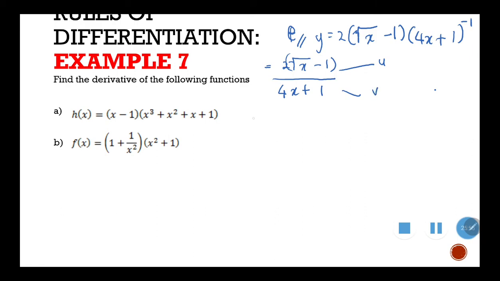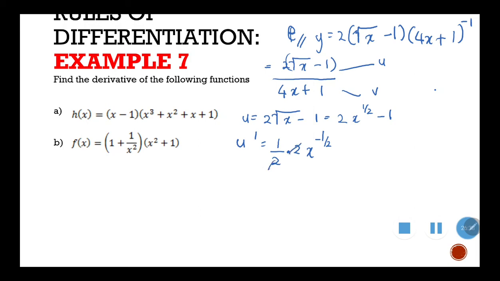So U is this, and U prime can also be rewritten like this. So U prime should be this times 2x minus 1, and 1 we can do nothing about.